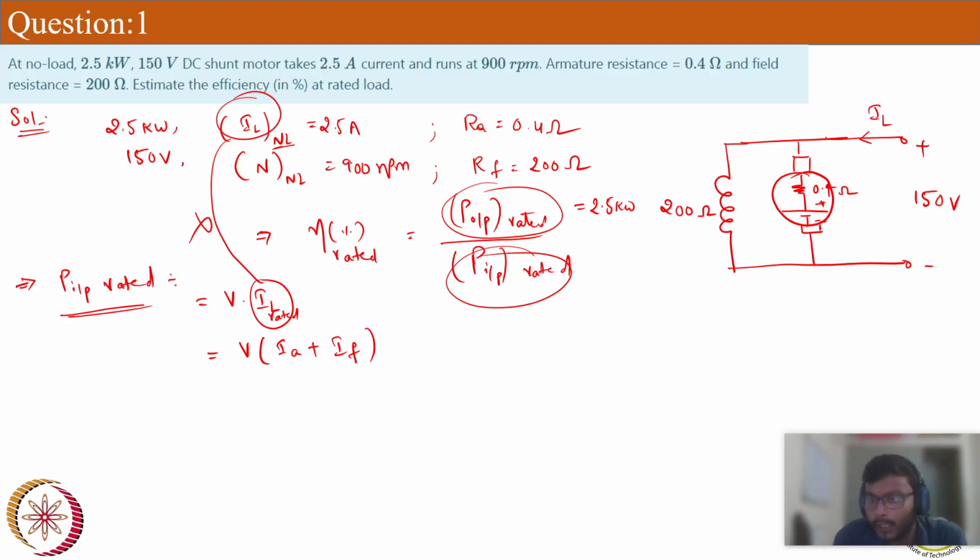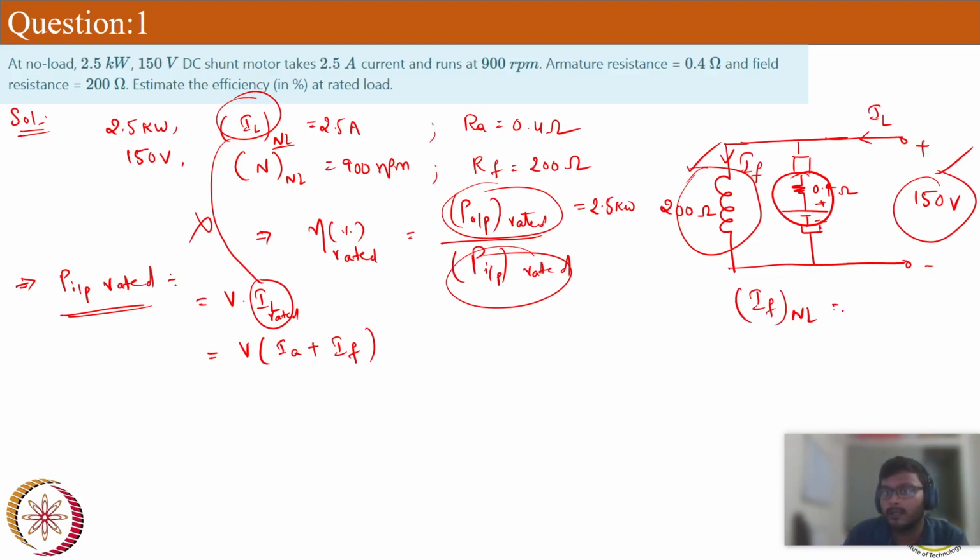Now one thing I want to tell you is that this field resistance will be the same no matter what the loading condition is. Even if it's loaded or no load, the field resistance remains the same and the supply remains the same. So the amount of current flowing through the field resistance will be the same in no load or loaded condition.